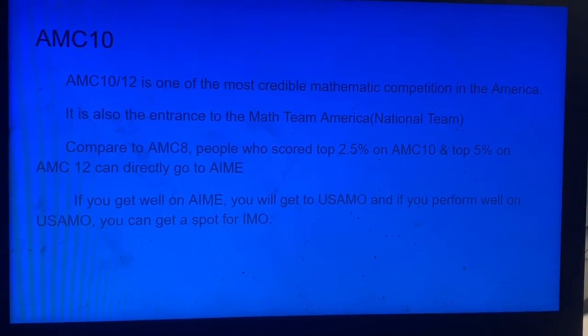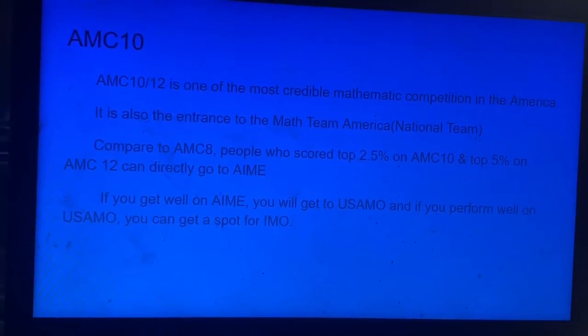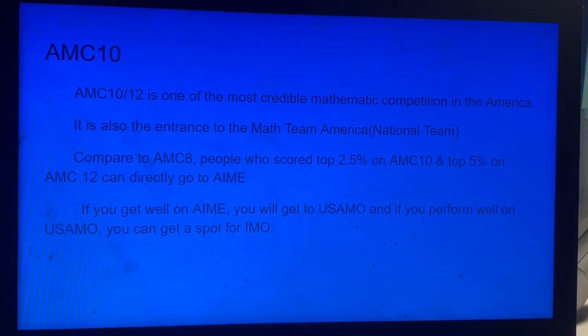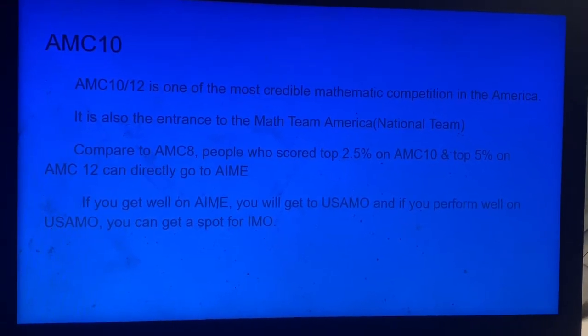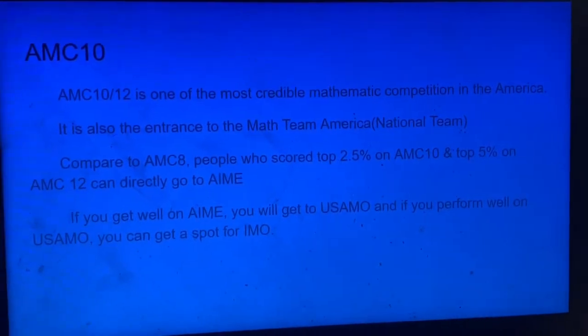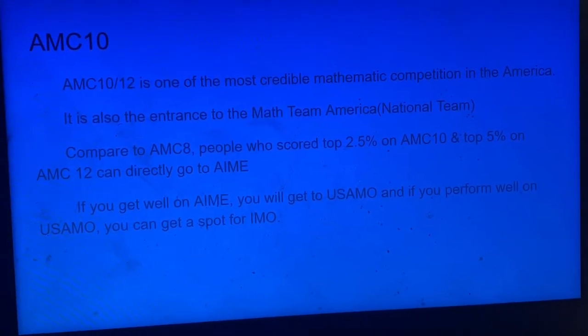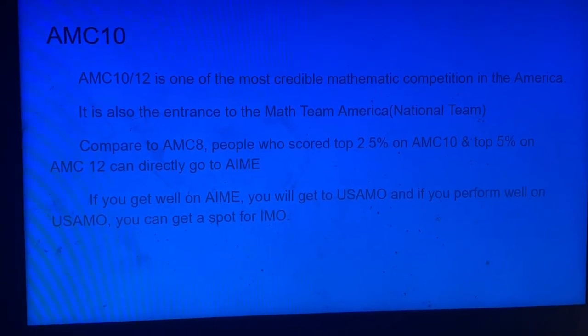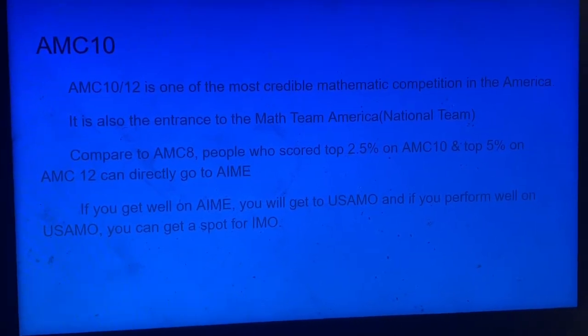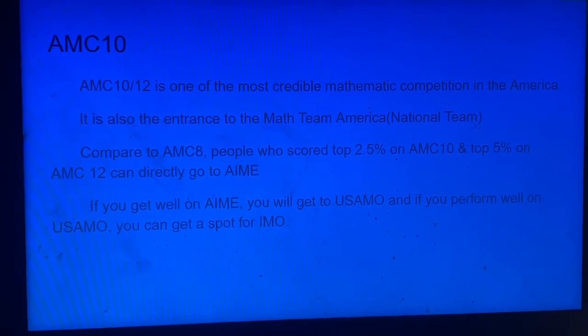So let's go. In case you don't know, I'm going to add a brief definition of what AMC10 is. AMC is one of the most credible mathematics competitions in America and possibly in the world. It is also the entrance to the Math Team America. To get to Math Team America, you need three tests.